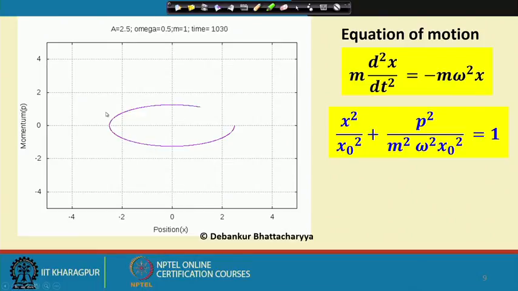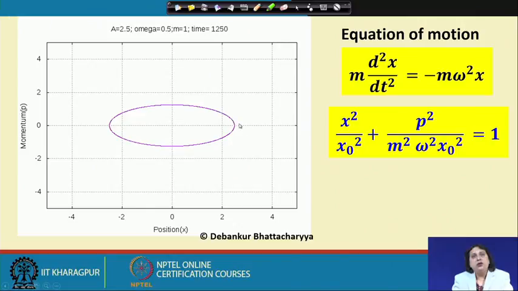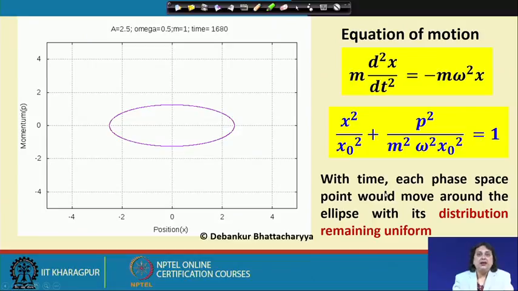As you see, the system is moving from an initial point to another point here, but it is tracing out its path along an ellipse. So, basically with time, each phase space point is found to move around the ellipse and its distribution remains uniform.